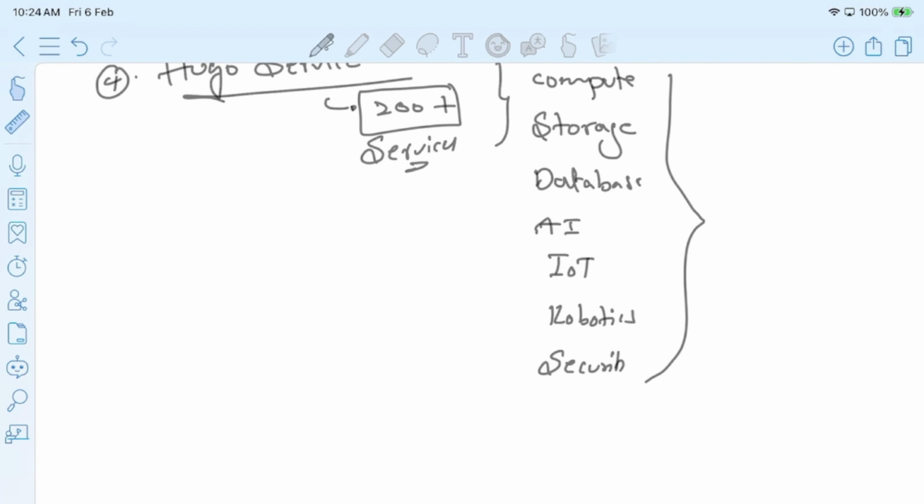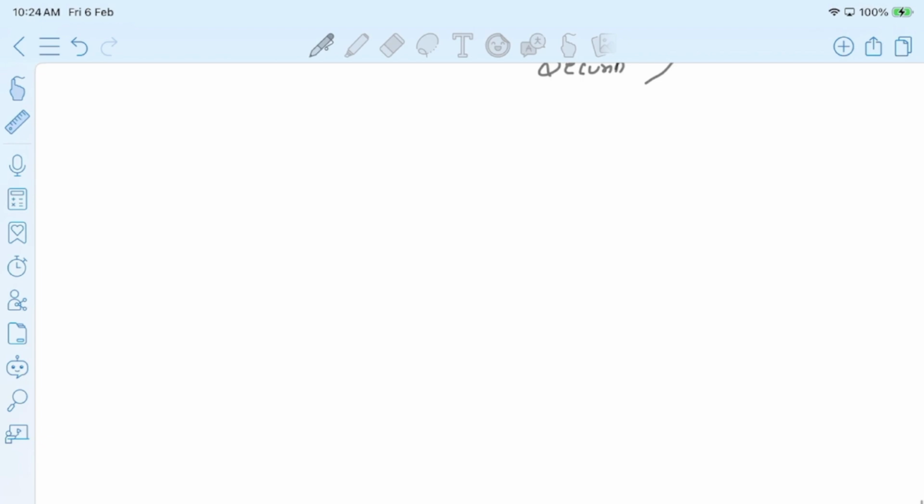Now, you might ask, there are other cloud computing service providers also, like Azure, GCP, Alibaba, Oracle, etc. But why is AWS so popular? Because everywhere AWS is used a lot, and every company seems to be using AWS. So why is AWS so popular?